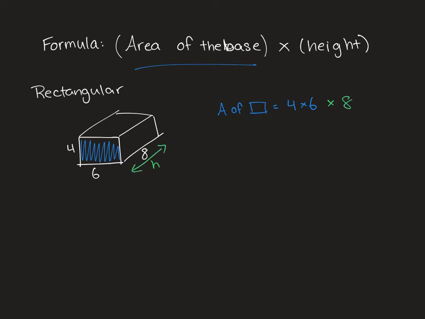So we'd multiply that by 8, right? So 4 times 6 is 24, times 8 we could figure out is 160 plus 32, so I'm going about 192. So if these were centimeters, it would be centimeters cubed.